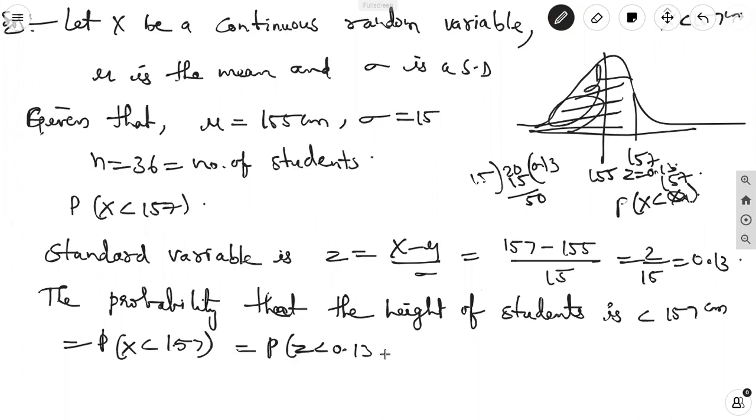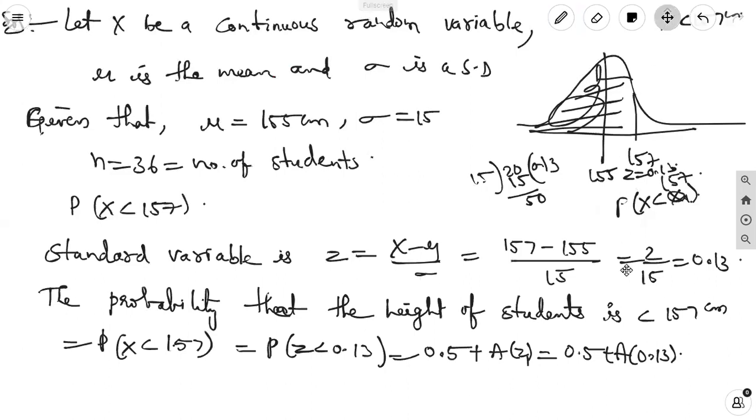That is nothing but this is equal to 0.5 plus A of z1, that is equal to 0.5 plus A of 0.13.